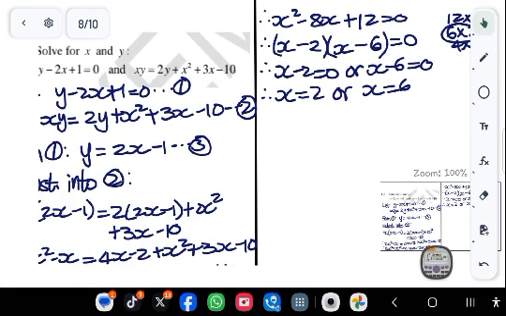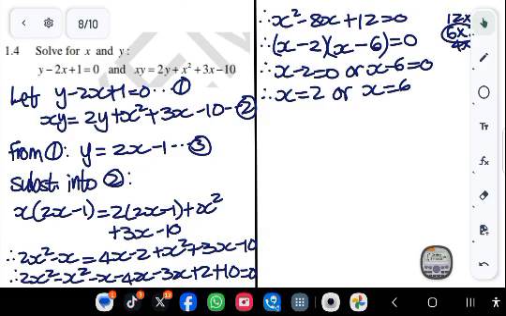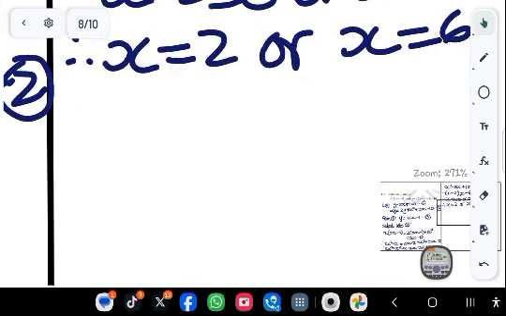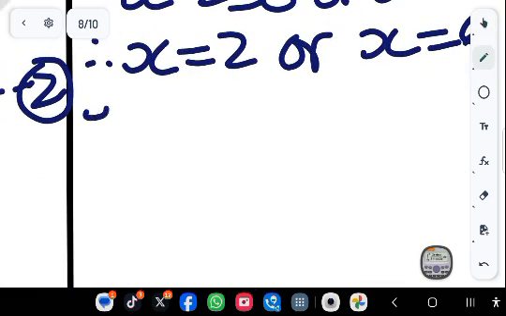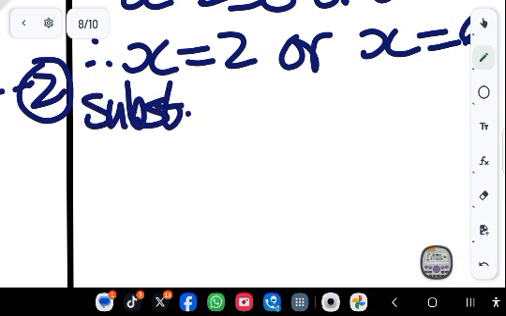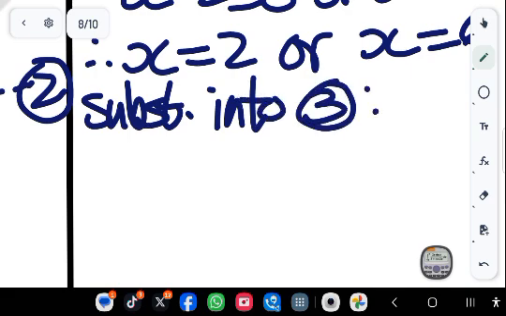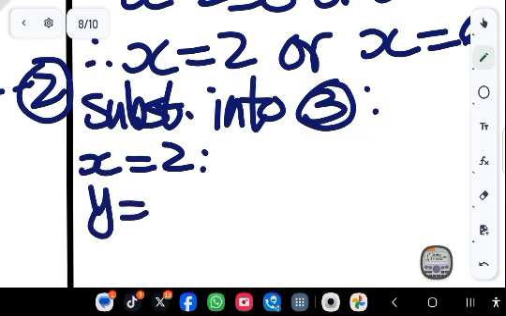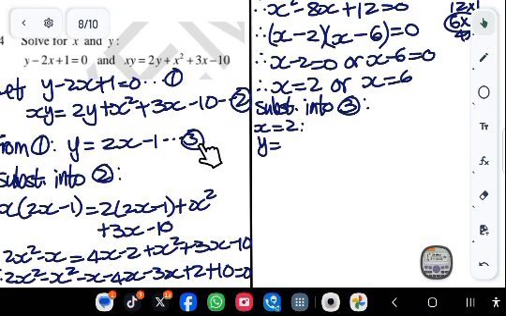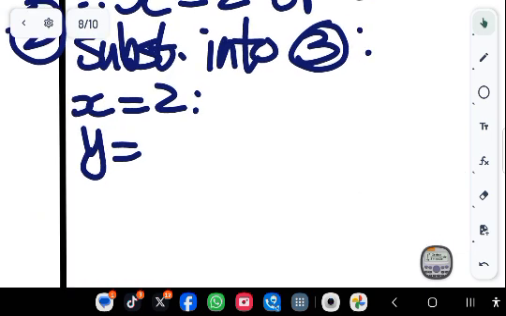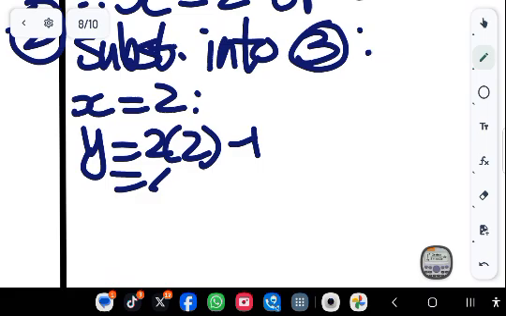Alright, so now what we do is we substitute into equation 3. For x equals 2, y will be equal to 2 times 2 minus 1, which is 4 minus 1, which is 3.